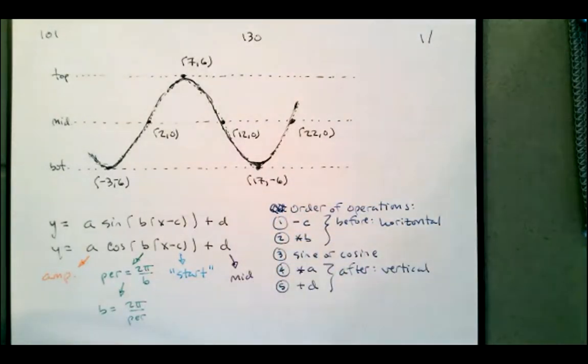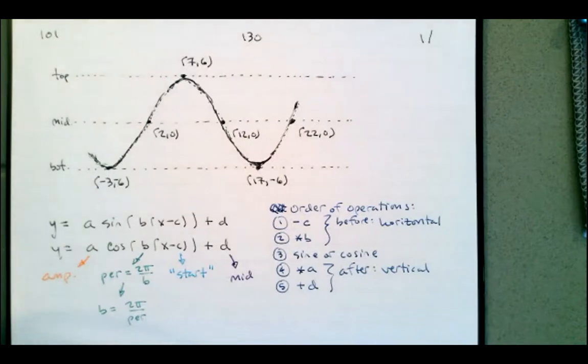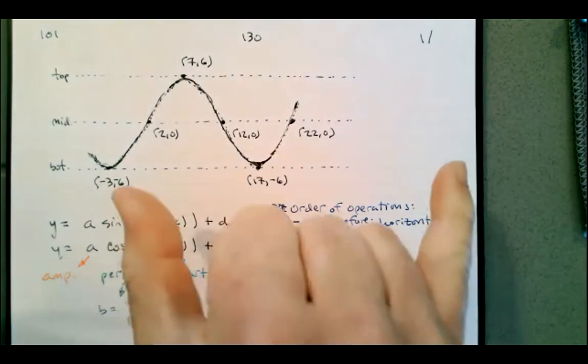One thing that we're going to notice as we go through more and more of these graphs is that the stuff that happens before seems to be inverted. If we add 2 before, it's going to shift everything to the left.